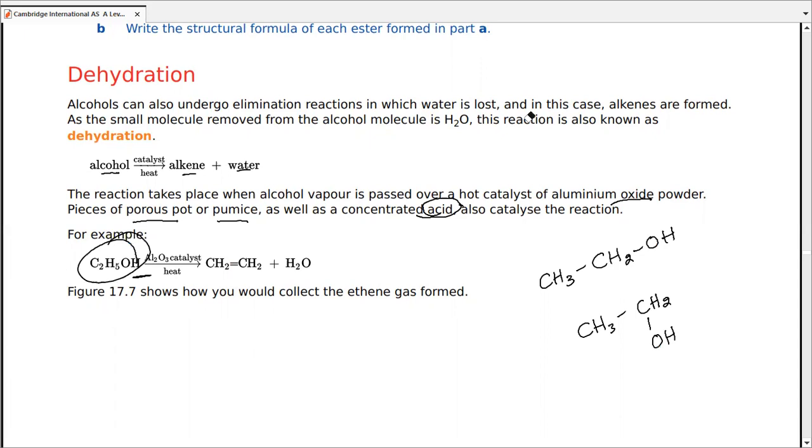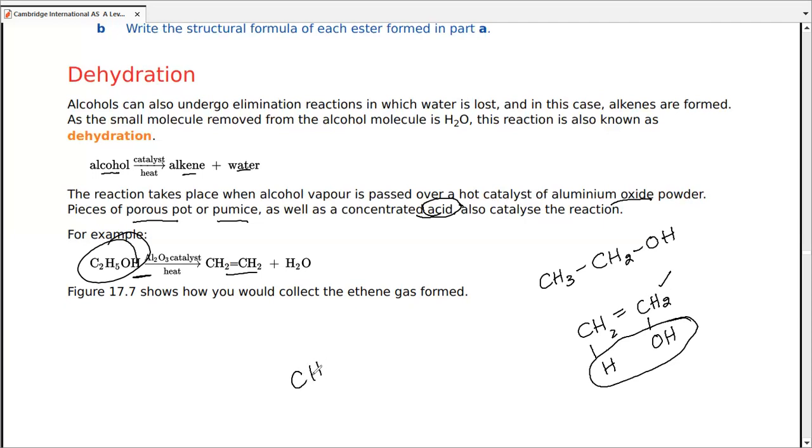Then I decrease the number of hydrogen atoms by one in the adjacent carbon atom and write H over there. I completely take out the water molecule, and in between these two carbon atoms, I add the double bond to form our alkene. That's how it works.